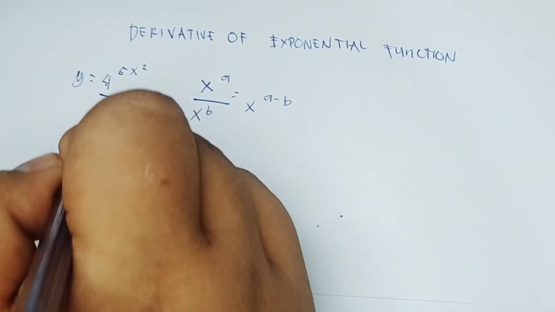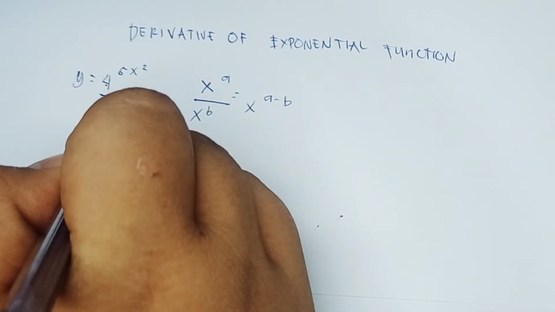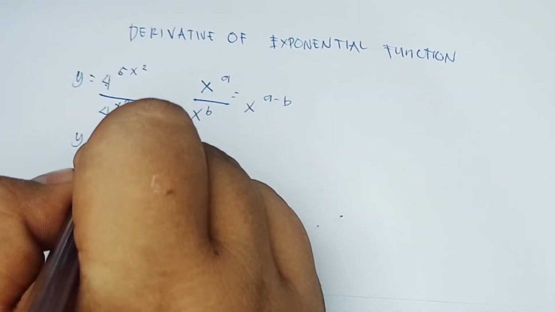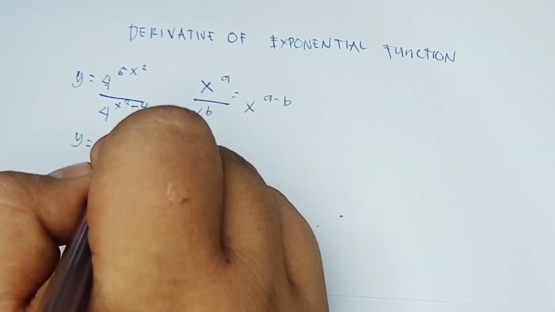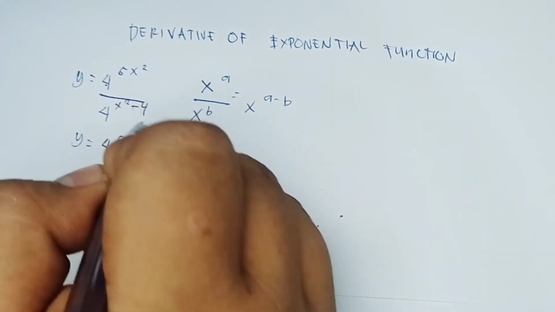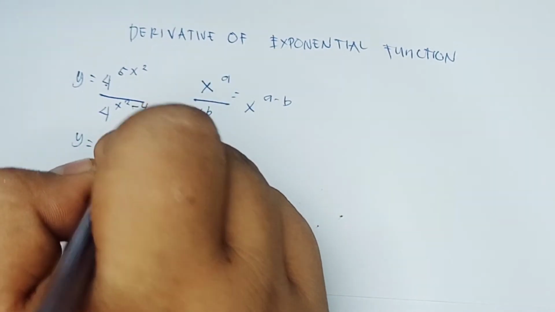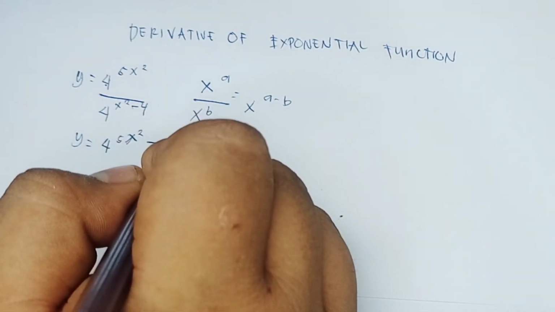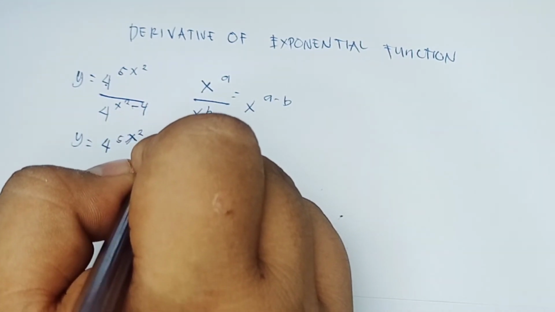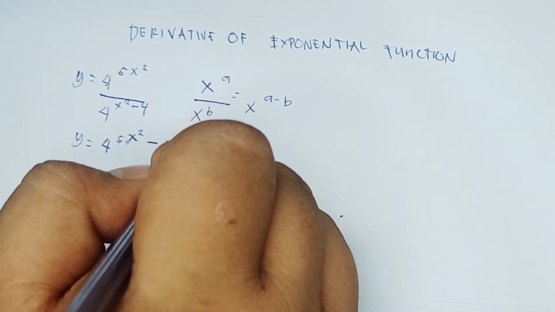So let's start. Y is equal to 4 as the base and 5x squared minus x squared minus 4.